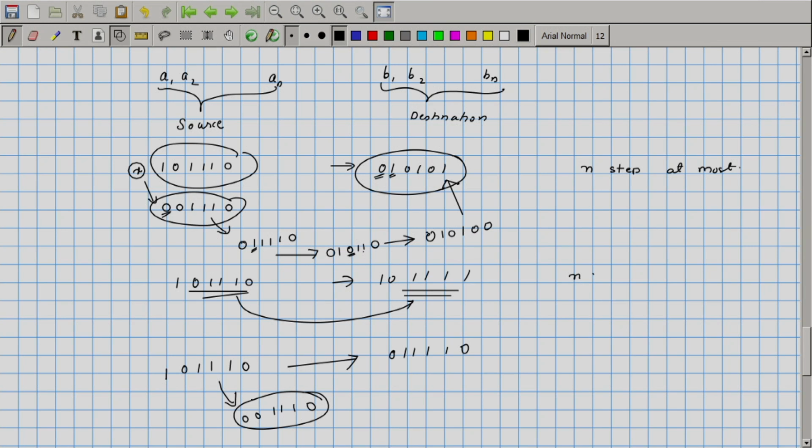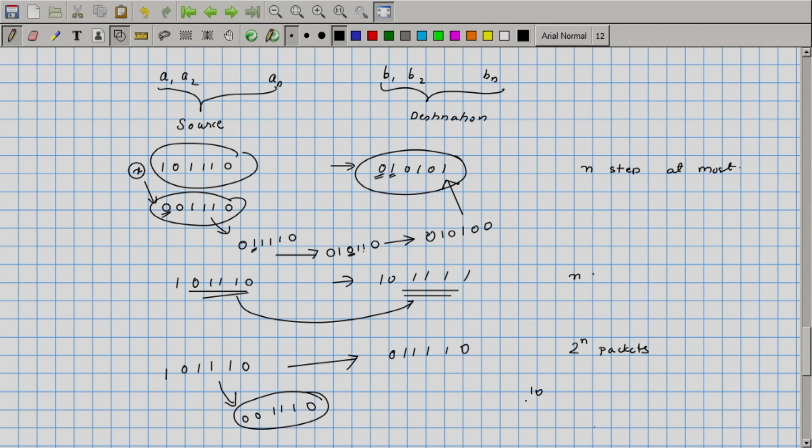So, the question becomes, when you have these 2 raised to n packets to be sent to 2 raised to n different nodes, maybe there is a particular node or a bottleneck edge through which a lot of packets have to pass. In that case, let us say there were 10 packets which had to pass through one particular edge E, then since only one packet can be routed in 1 unit of time, at the edge E itself there will be a delay of 10 units.